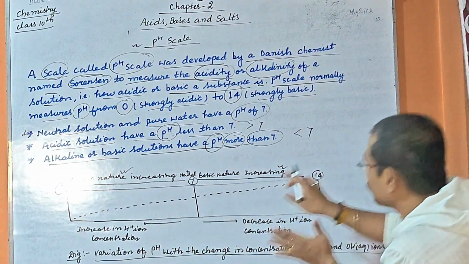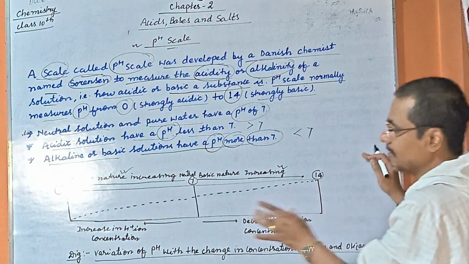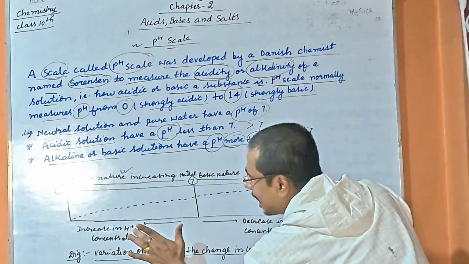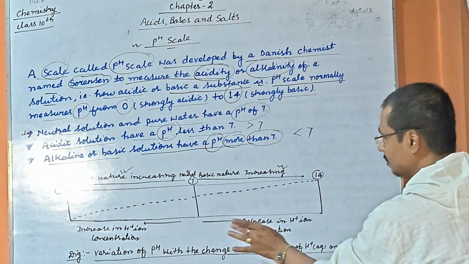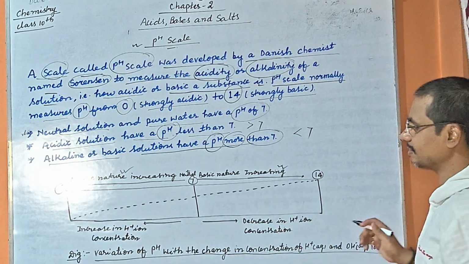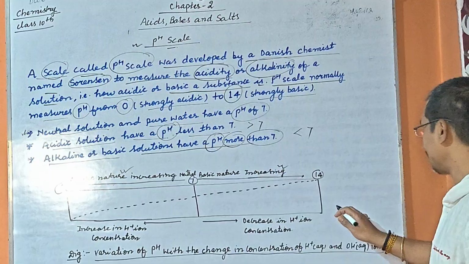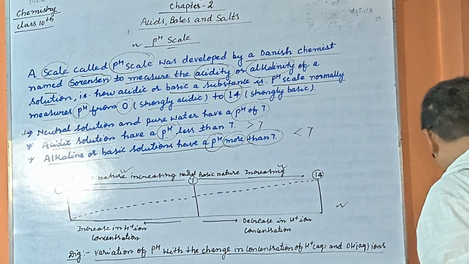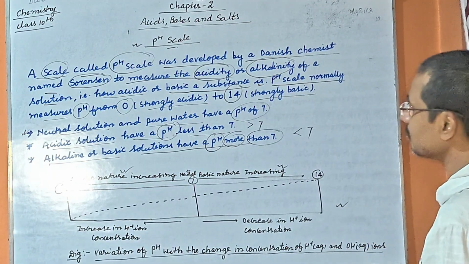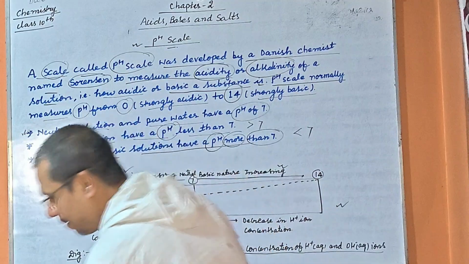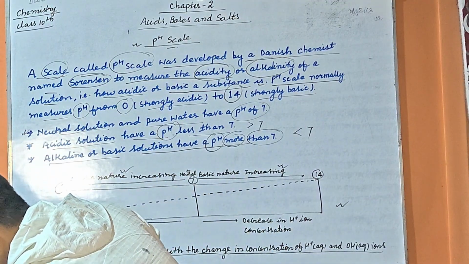This graph shows acidic to basic. So this is an increase in H plus ion concentration, a decrease in H plus ion concentration, the variation of pH with the change in concentration of H plus aqueous and OH minus. So this is the thing about the pH scale.